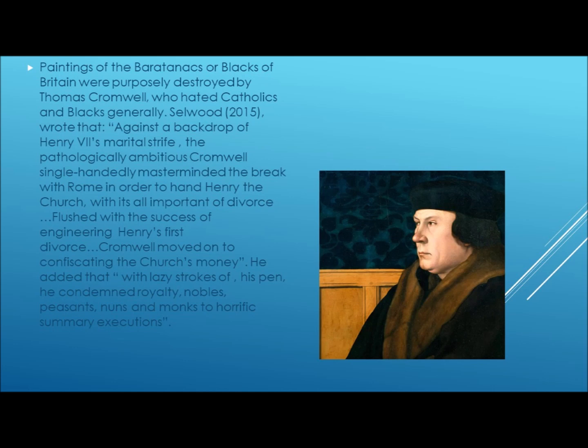Flushed with the success of engineering Henry's first divorce, Cromwell moved on to confiscating the church's money. He added that with lazy strokes of his pen, he condemned royalty, nobles, peasants, nuns, and monks to horrific summary executions.